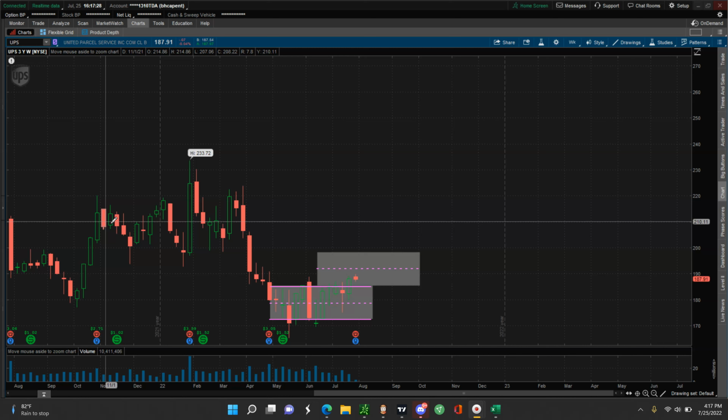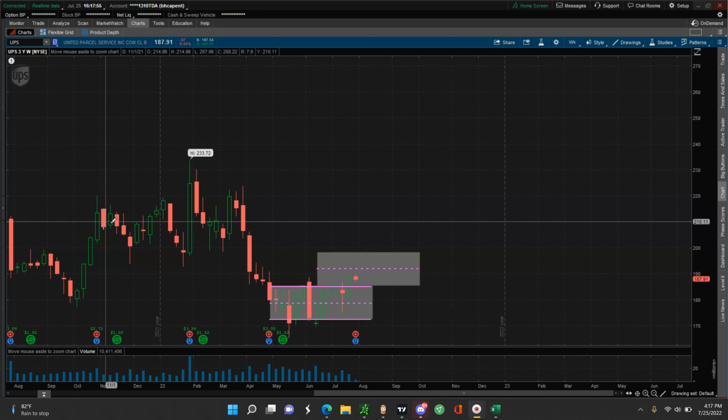So that's definitely important, but for me, I don't let that drive my reasoning for choosing a particular contract. I let the price action tell me what is a reasonably good strike and expiration for that position or that stock.